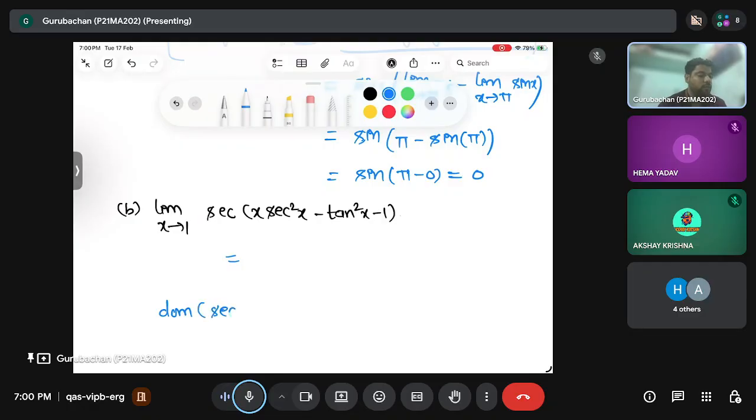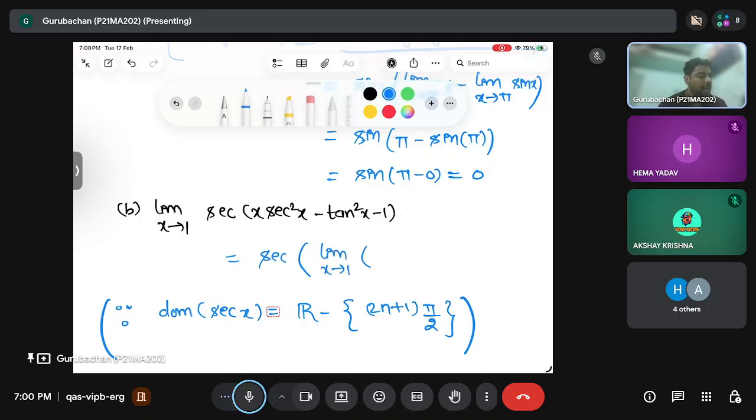What is the domain of the second function? Whole R minus where it is 0, odd multiples of pi by 2. So that means this second function is continuous at x equal to 1.